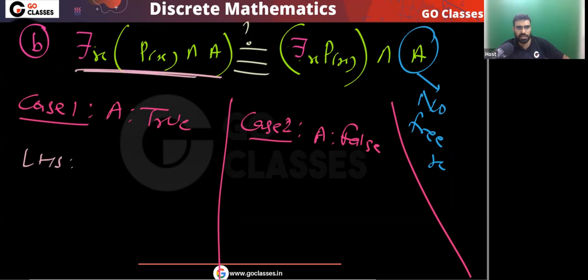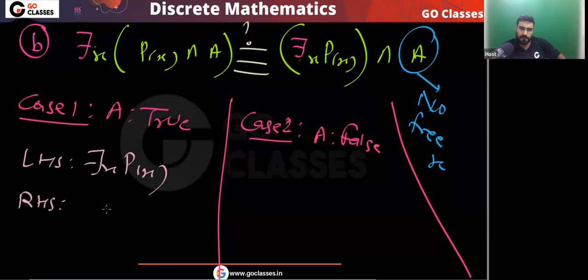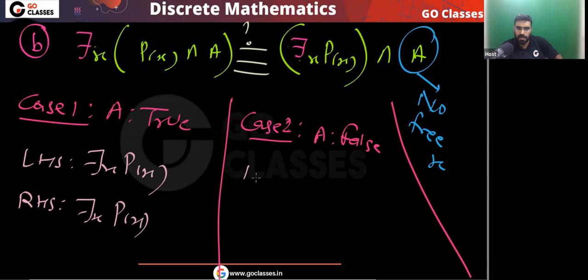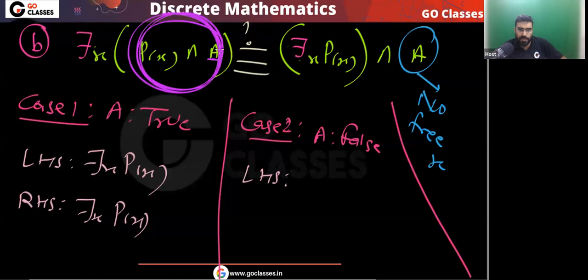When A is true, LHS will be there exists x Px. And when A is true, RHS is also there exists x Px. What about when A is false? If this is false, then for every element in the domain, this will be false.